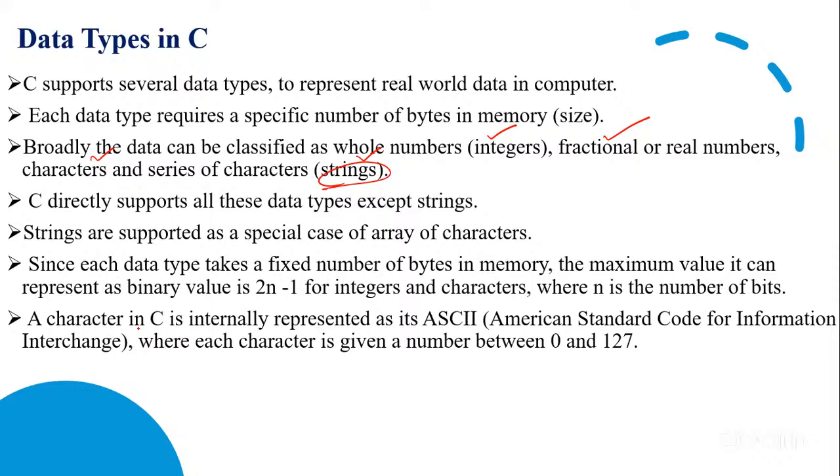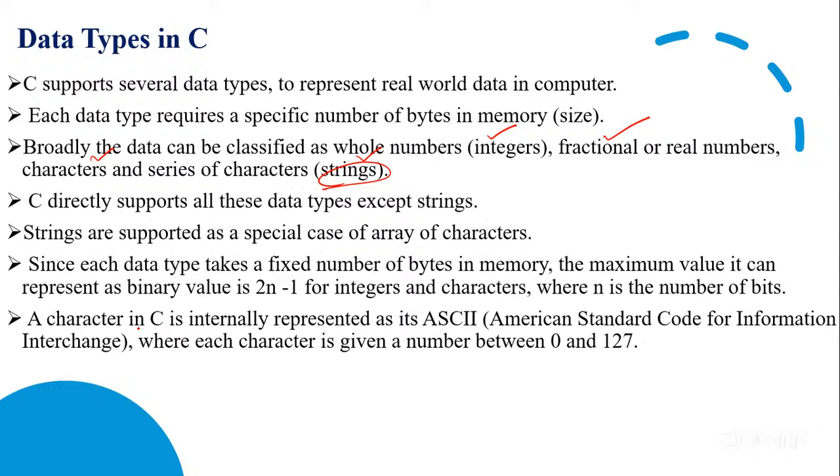For every key on the keyboard, from small a to small z, capital A to capital Z, and all the special characters like at the rate, dollar symbol, percentile, ampersand, dot, full stop, semicolon, every character on the keyboard should have its own number system value.